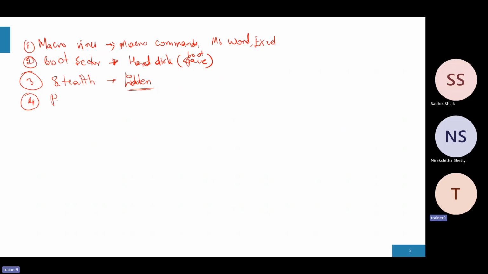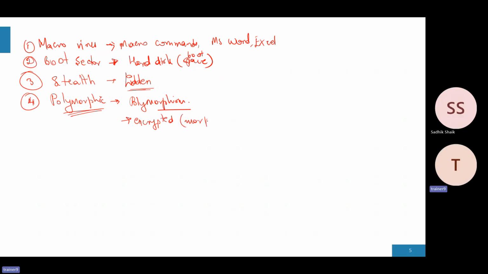Then you also have the polymorphic virus. What happens in polymorphic viruses? You have the concept of polymorphism, where the virus keeps on changing and evolving. The original code is in an encrypted form, and there is a morph logic that happens.